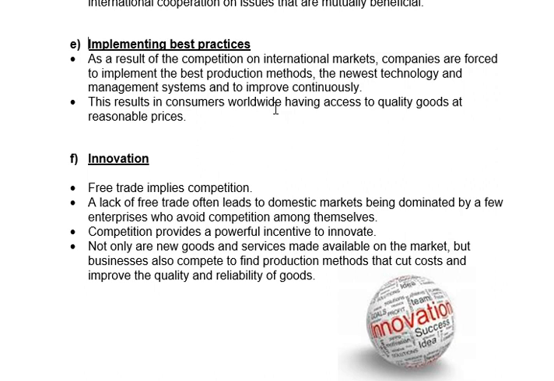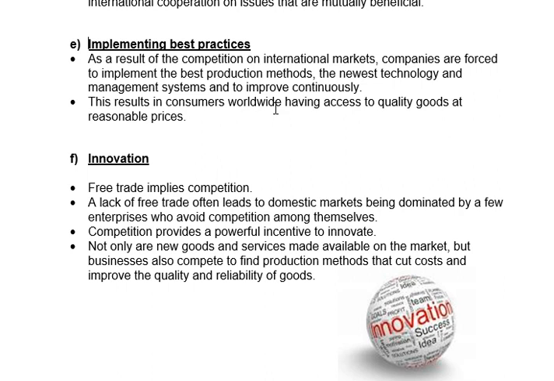All right. Now, with free trade, as a result of competition on international markets, companies are forced to implement the best production methods, the newest technology, the best management systems, because remember, for companies to survive on the international market, if they have to compete with all the other businesses on the international markets, they need to get better at what they do. They need to produce good quality products.